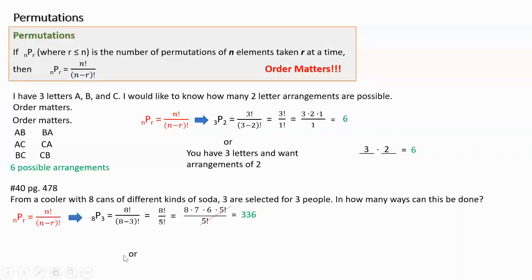Or you can do it another way, right? We want 3 selected, so we're going to put 3 slots: 1, 2, 3. So for the first slot, how many can go here? It will be 8. Right? After 1 is chosen, then 7 are left. After another one is chosen, 6 are left. So it'll be 8 times 7 times 6. So these two are the same.